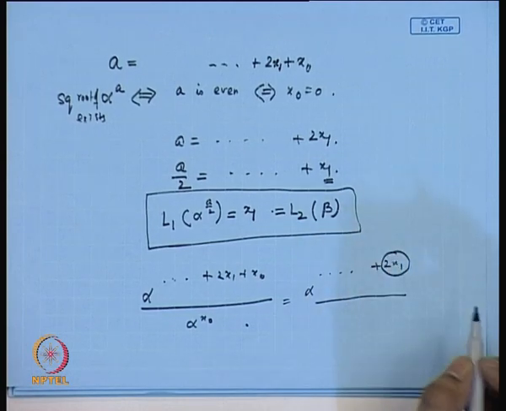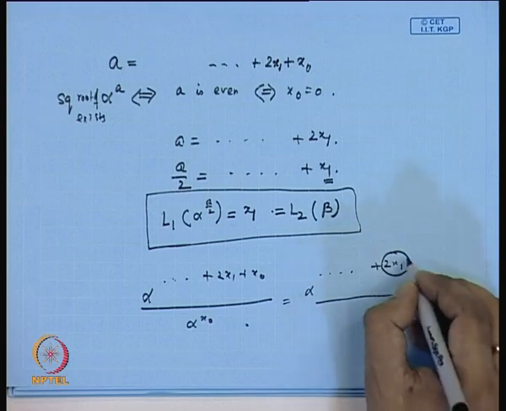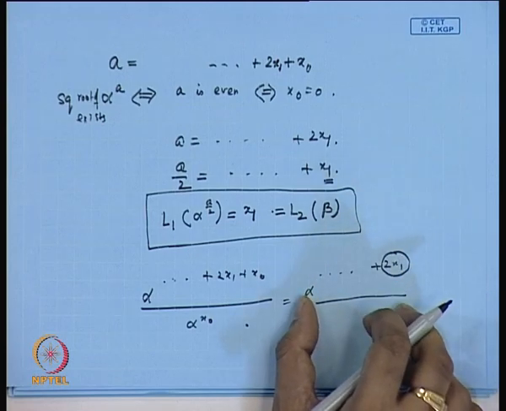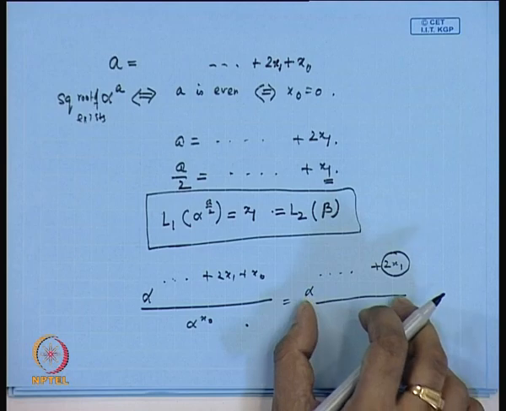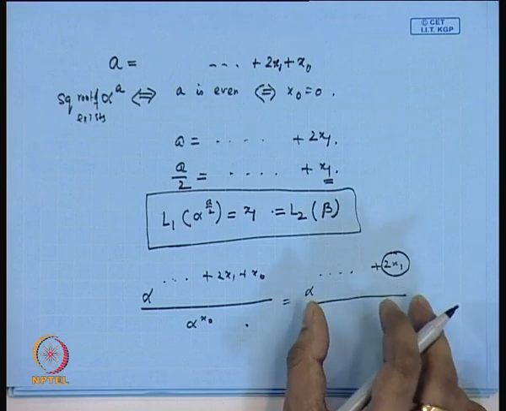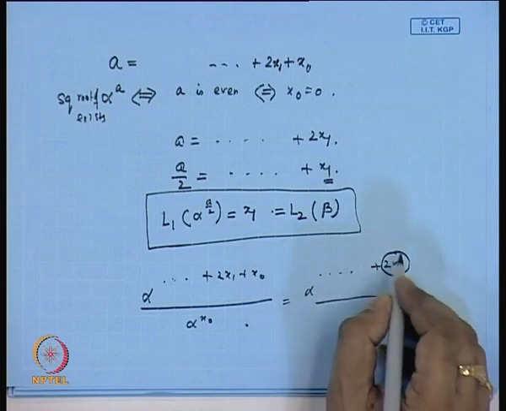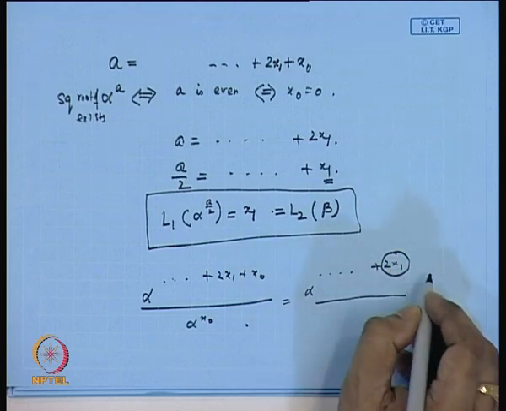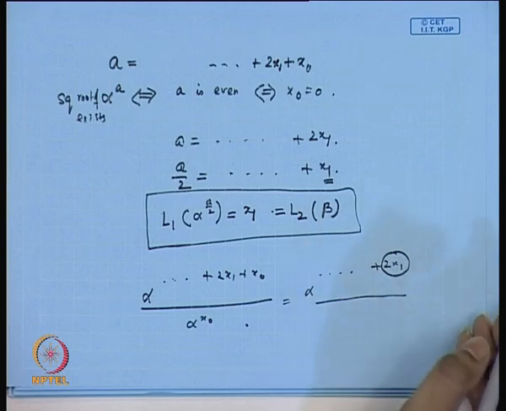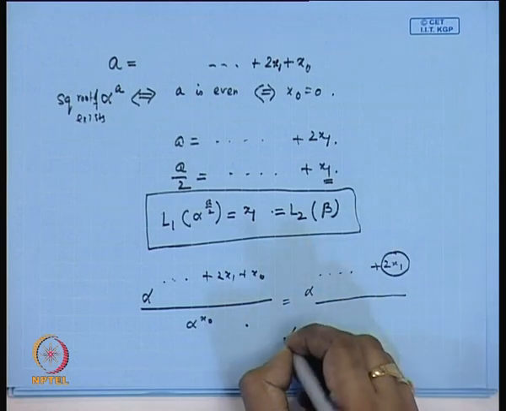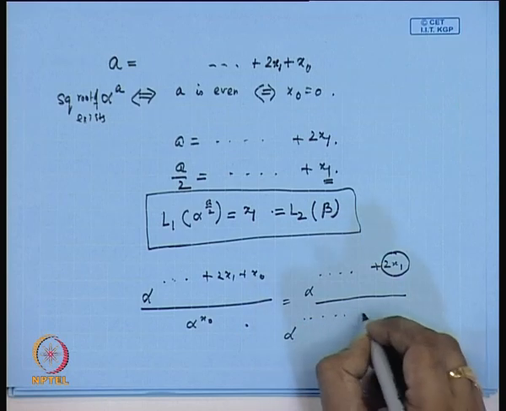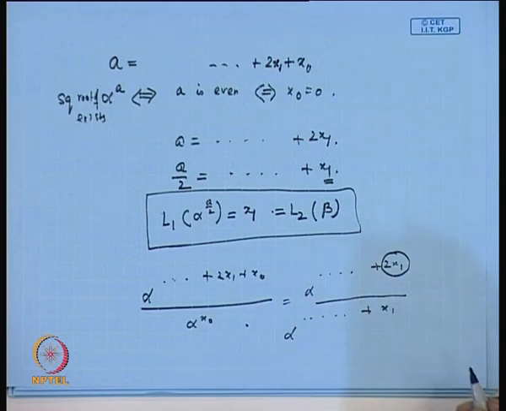And then what did you do? You basically took out, I mean you confirmed the square root of this. And what will be the square root of this? Essentially you are raising this value to the power of half. Once you compute the square root of this, again you have something like alpha to the power of something plus x1.